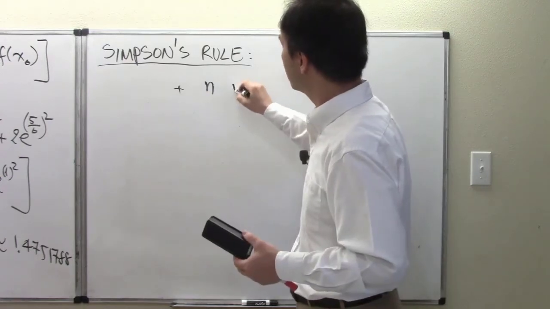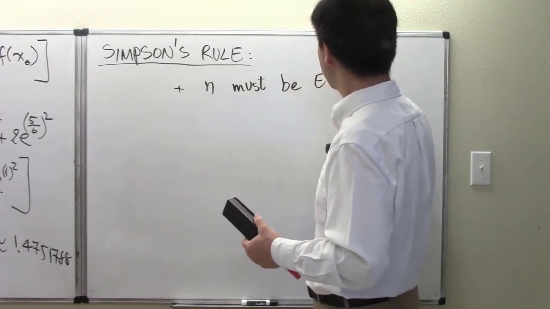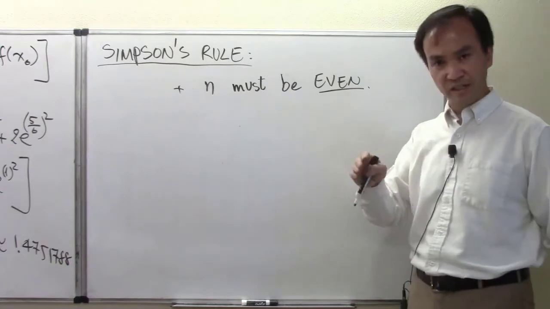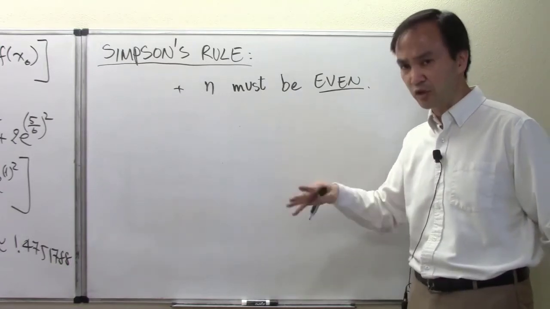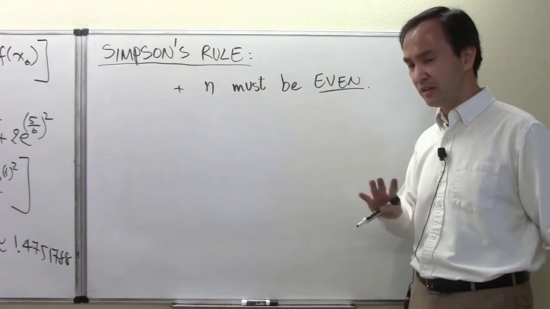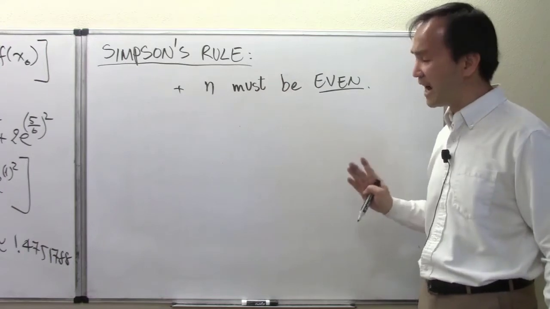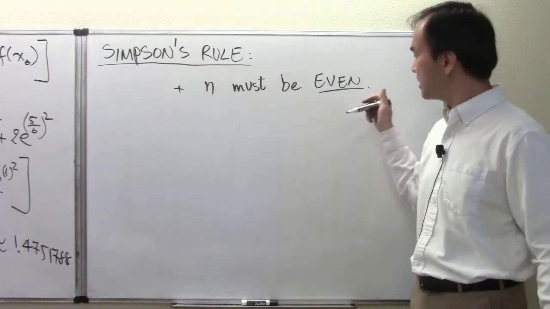N must be even for Simpson's rule to work. So we can only go with 4 subintervals, 2 subintervals, 6 subintervals, 10 subintervals, or 8. But Simpson's rule is not going to work with n equals 9. So Simpson's rule has a little bit of a limitation in that the number of subintervals must be an even number.